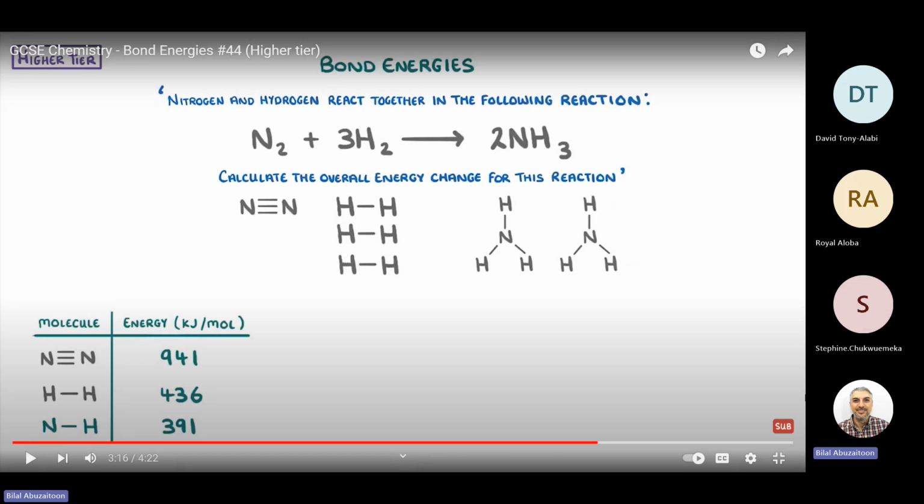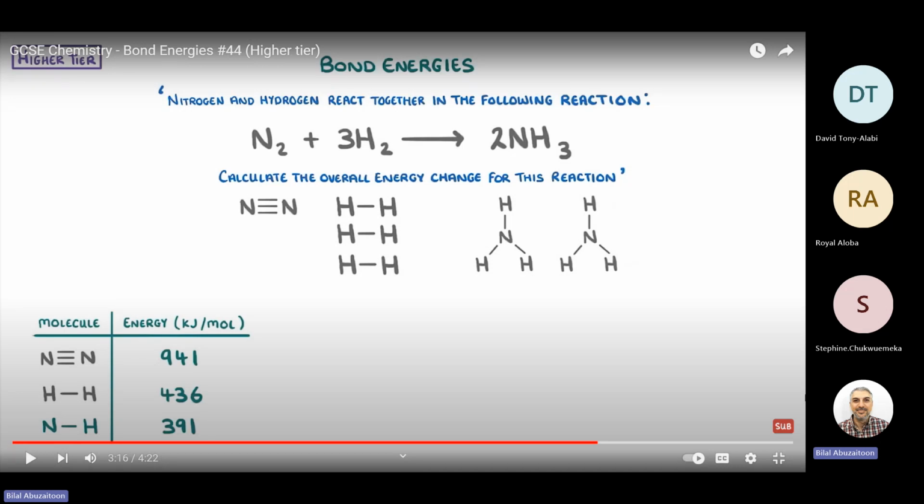When you draw the Lewis structure, you find it as NH3. In NH3, it's like N with H to the right, H down, H left, for example, and a lone pair on top of the nitrogen. So the 3D structure will be trigonal pyramid. But what I'm trying to say is we don't care about the 3D structure in this case.